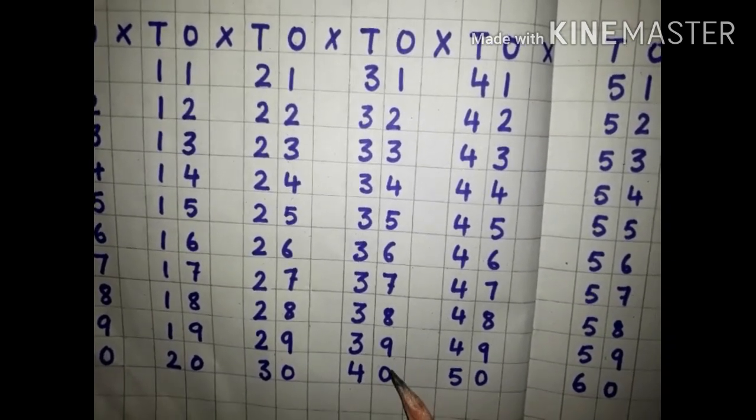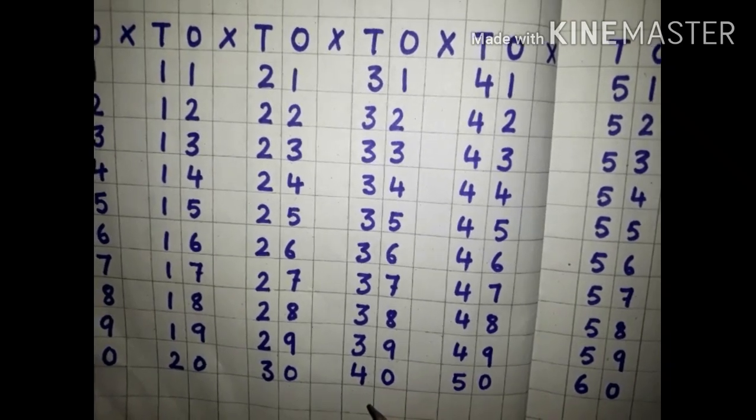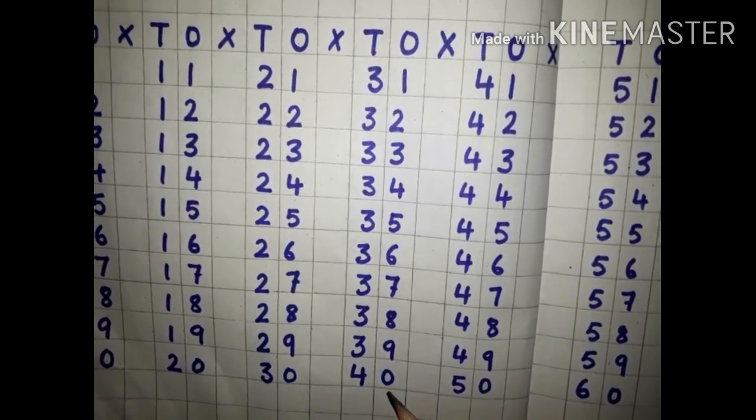What comes after 39? Number 40. It's 4, 0, 40.